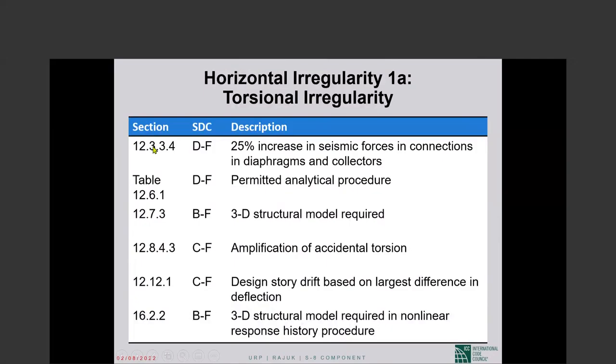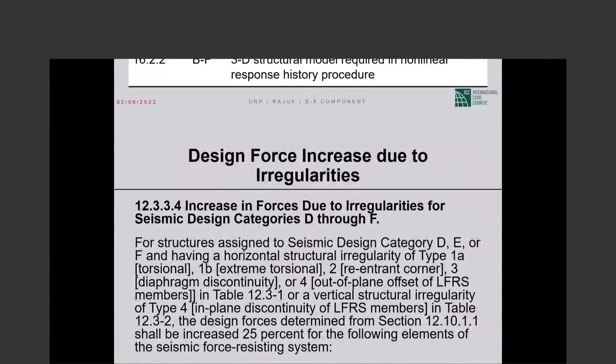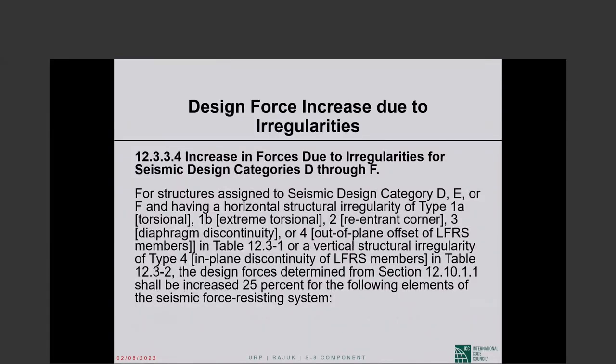12.3.3.4 is the section that we are being asked to go to if we have torsional irregularity type 1A. So this is in detail. For structures assigned to seismic design category D through F and having a horizontal structural irregularity 1A, 1B, 2, re-entrant corner, 3, diaphragm discontinuity, 4, out of plane offset, or vertical type force.